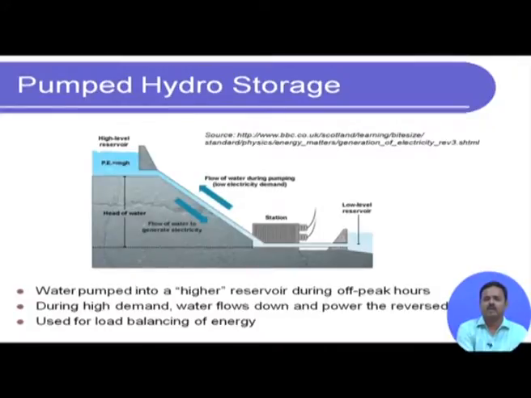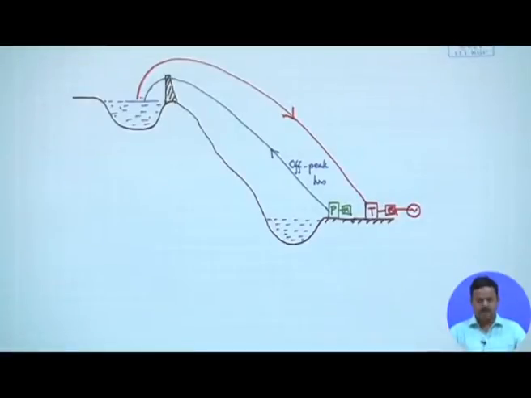So, when the water comes down and hits the Francis turbine and makes it rotate, we get additional electricity. This, in a nutshell, is how pumped hydro storage works. This is also the schematic that we drew last time.